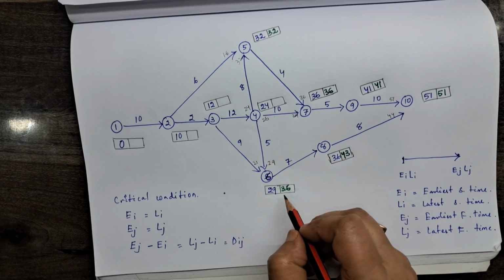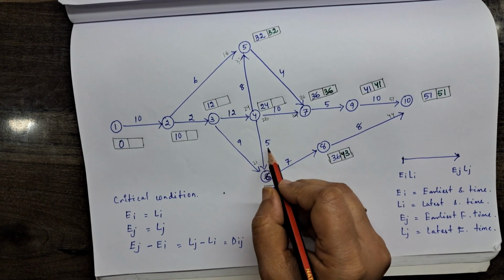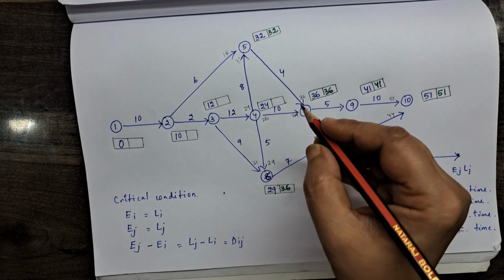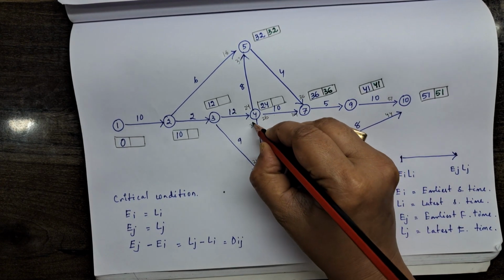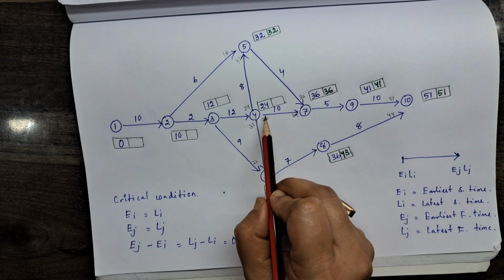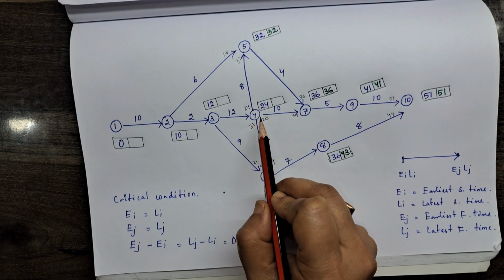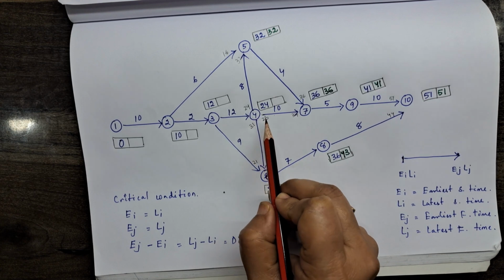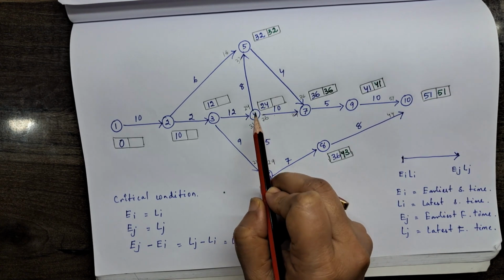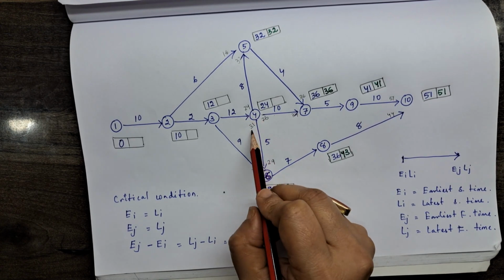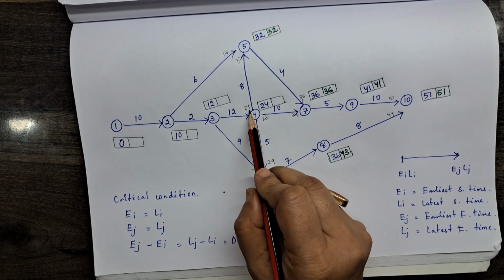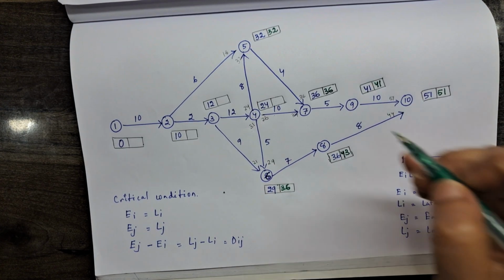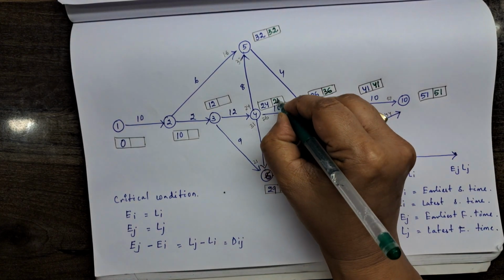This one is 36 minus 5, which is 31. So if you look at this node 4, from the three tails we are getting 26, 24, and 31. The minimum is 24, so we have to take 24 here. This is 24.